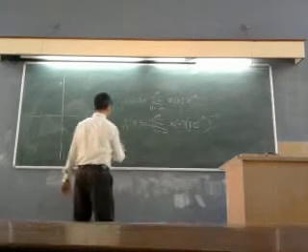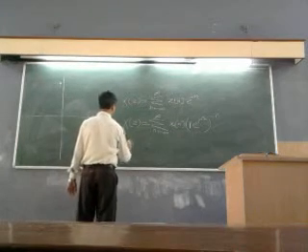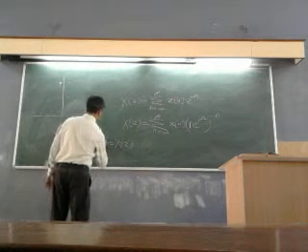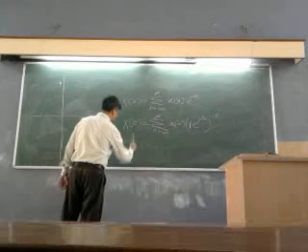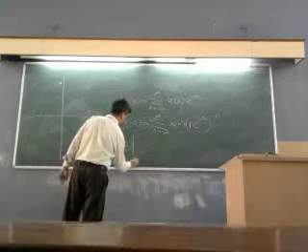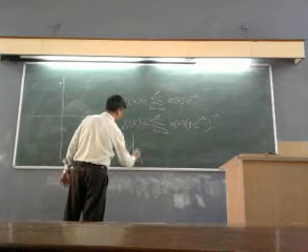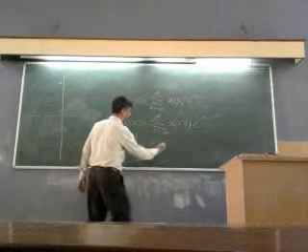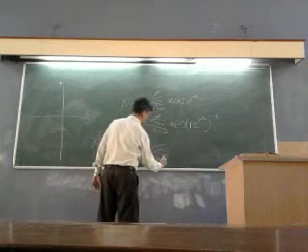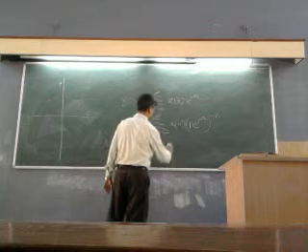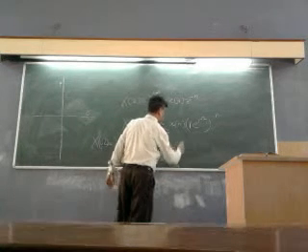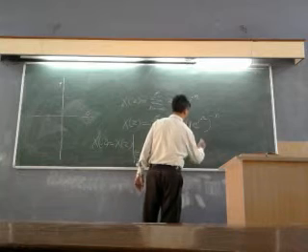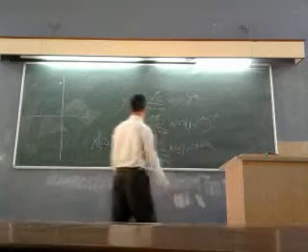Now X of omega is equal to X(z) computed at r equal to 1, that is mod z equal to 1, which is the summation n equal to minus infinity to infinity x of n, and the r will go, so e raised to minus j omega n, that's all.